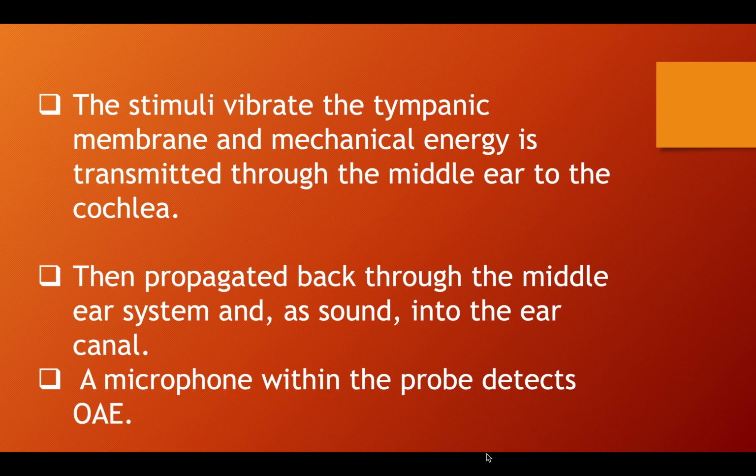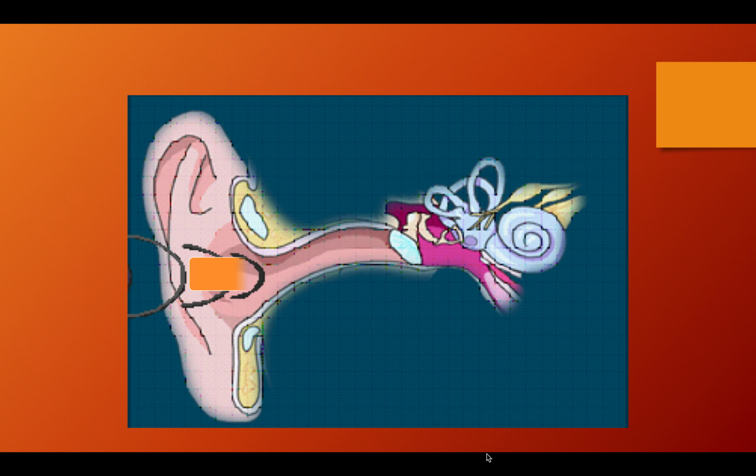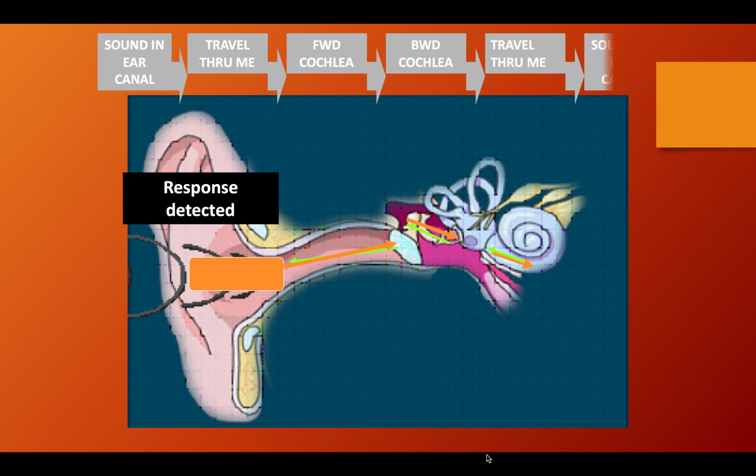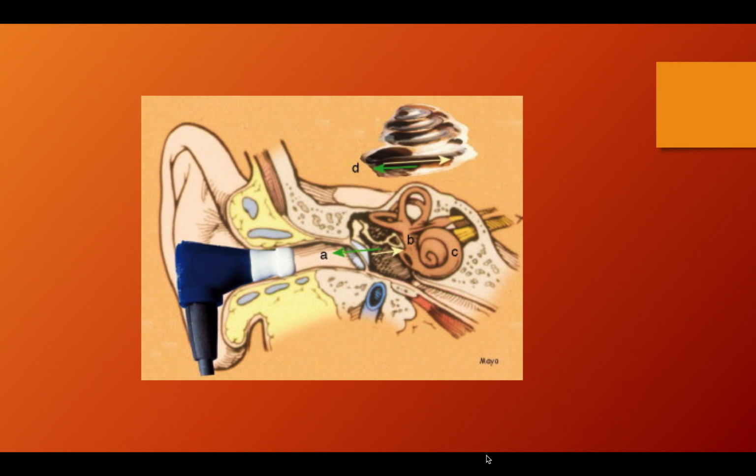A mic within the probe detects the otoacoustic emission. This is how the otoacoustic emission response is detected. This is a probe of the otoacoustic emission in the outer ear.